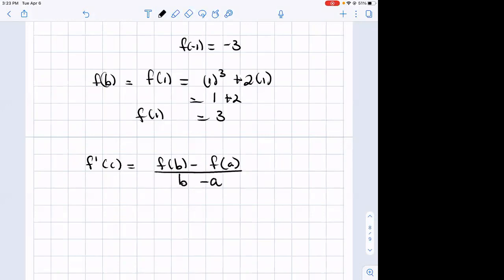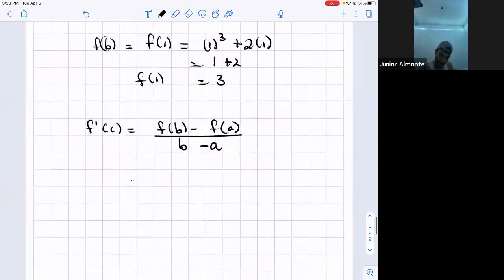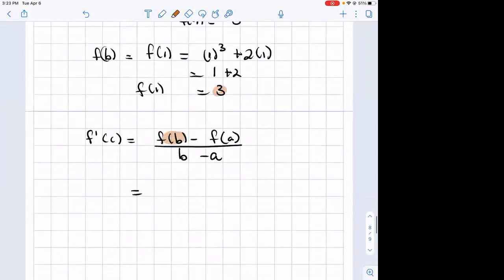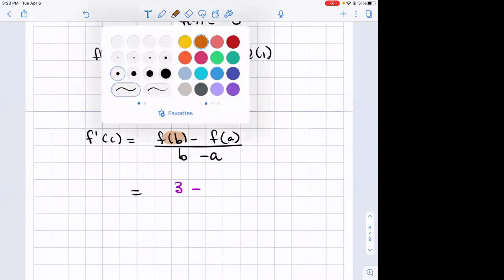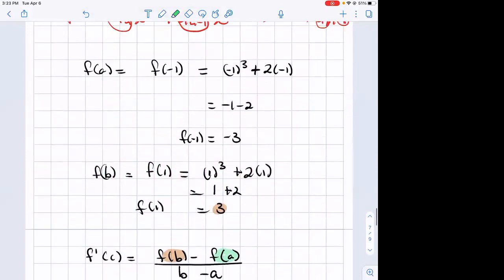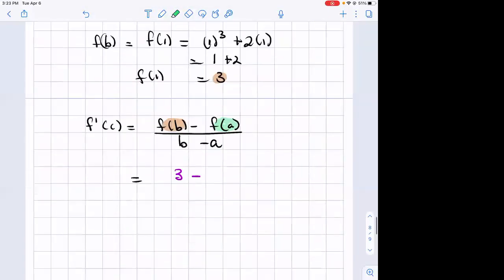So f(b) we know is 3, and f(a) we found before is -3.